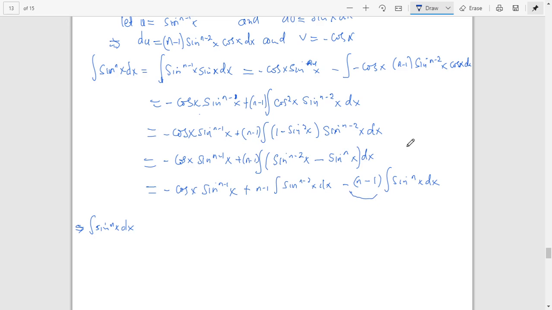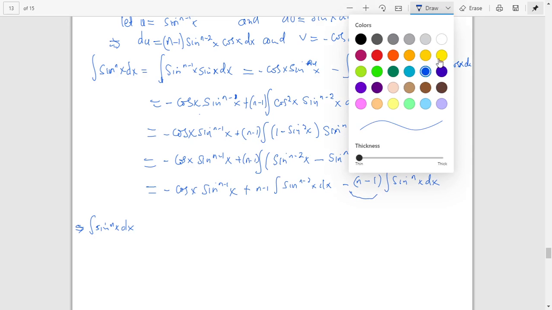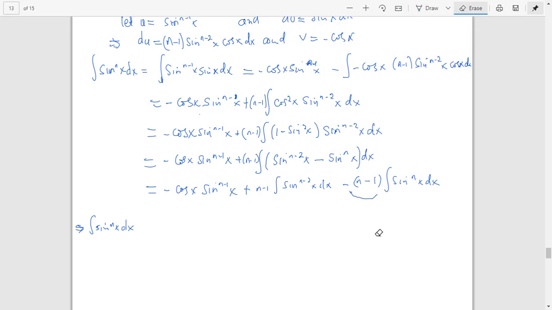If you notice, it is negative. So if it goes to the left hand side of this equation, it becomes positive.